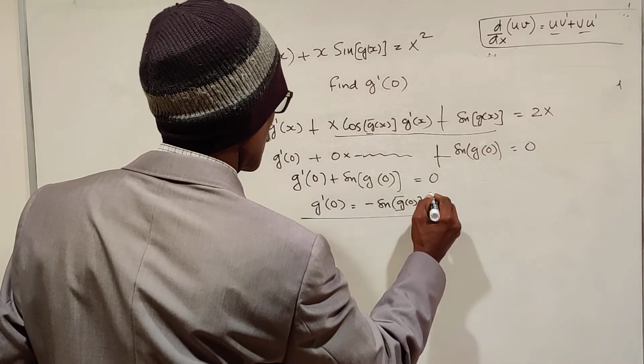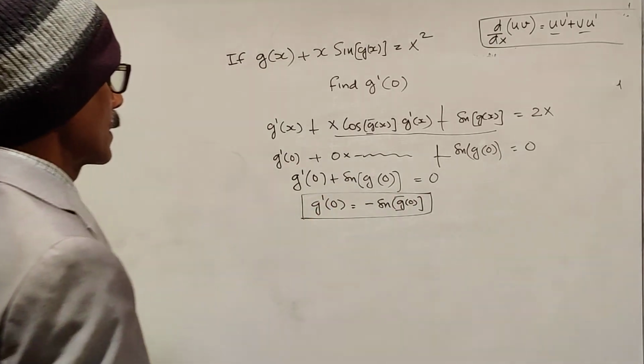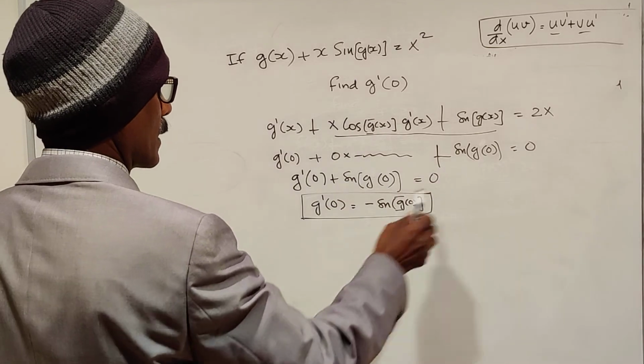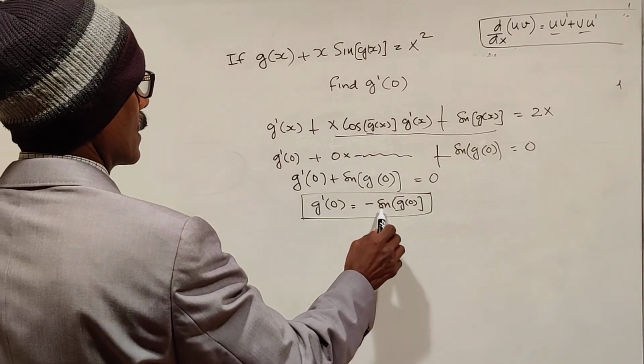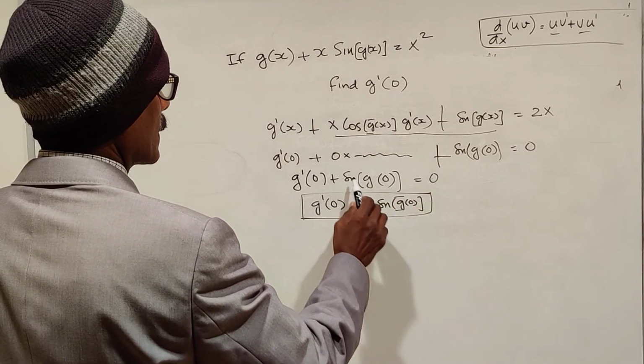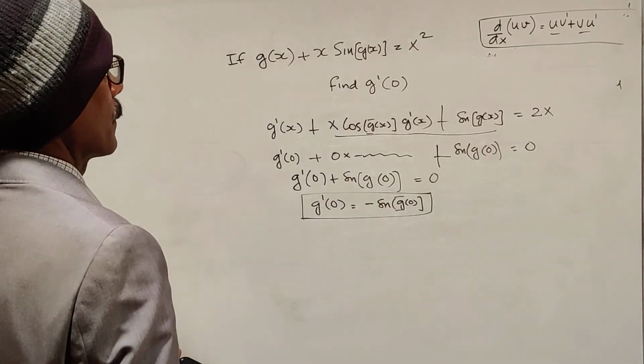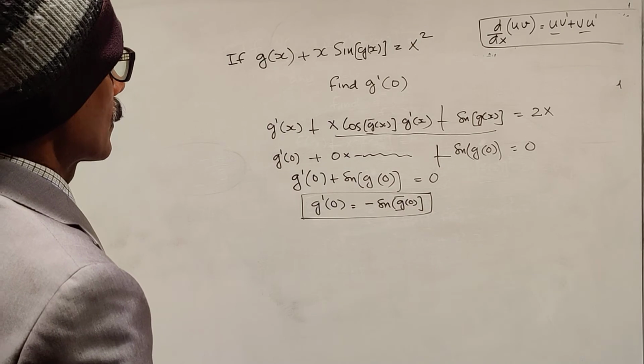That is the answer. Now this term we need to move to the other side. G dash 0 equals minus sine g(0). We don't know what is g(0). Okay? So this is the answer.